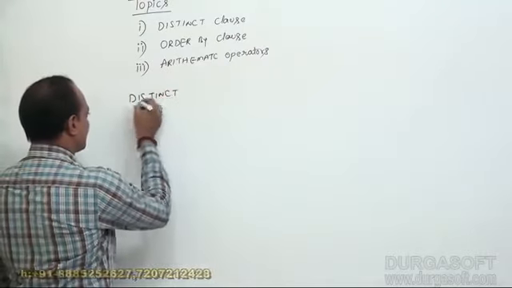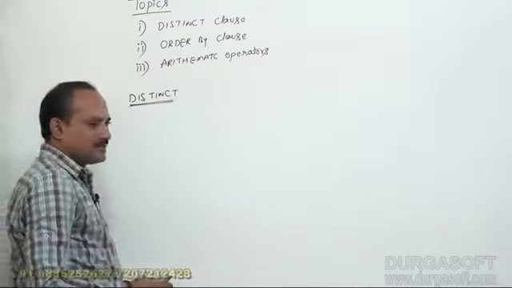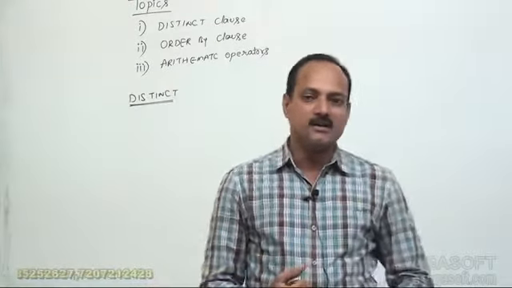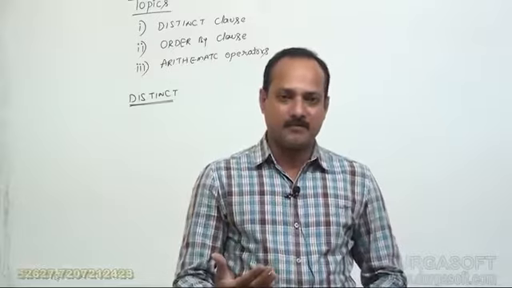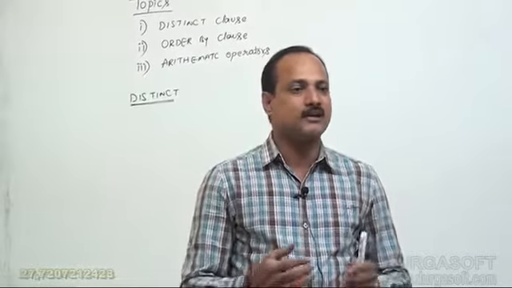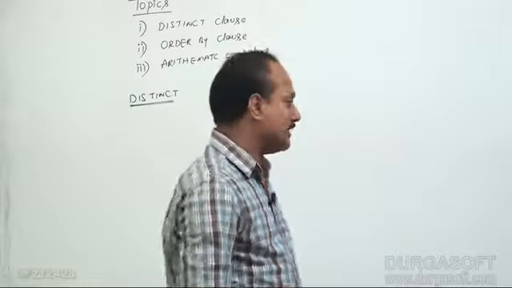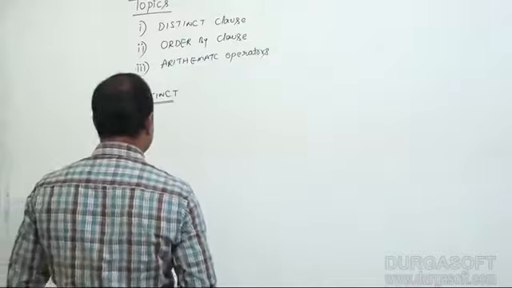What is the distinct clause? While selecting data from a table, if you want to select only unique values from a column or group of columns, then use the distinct clause.